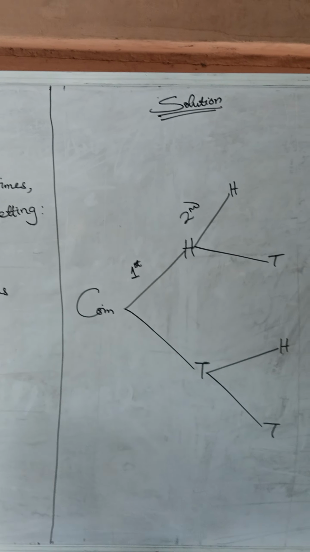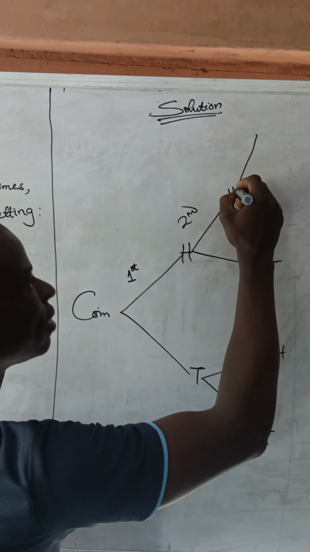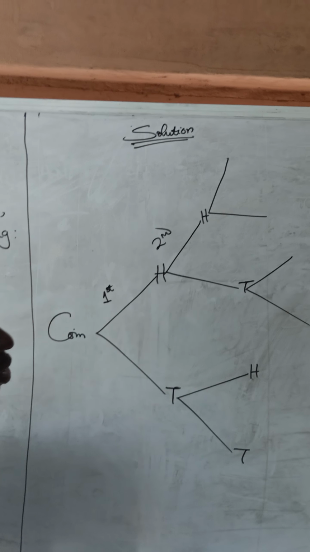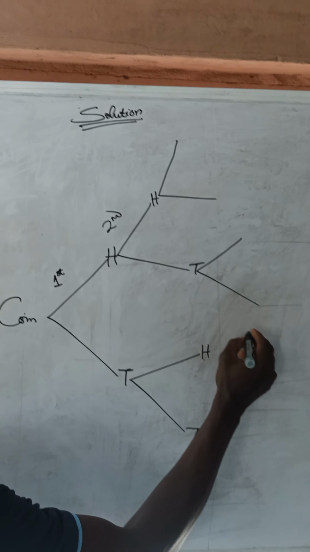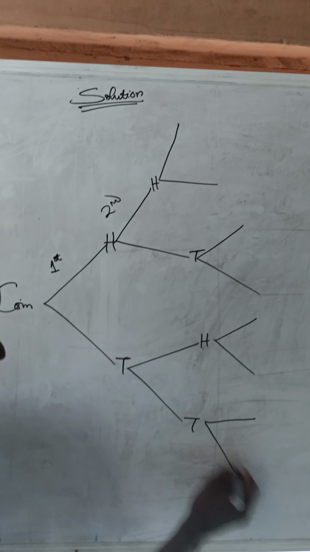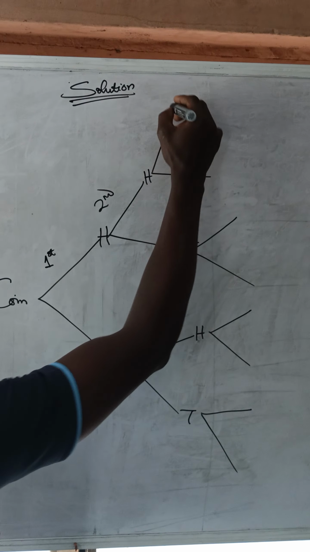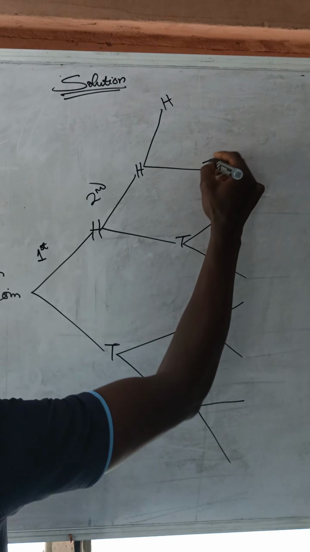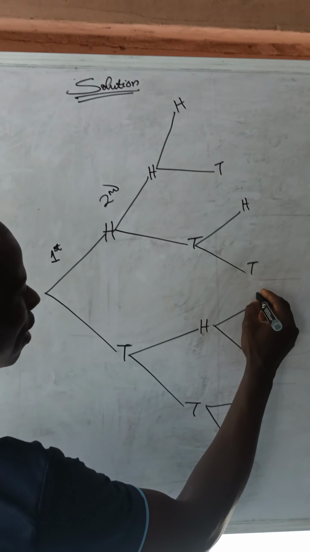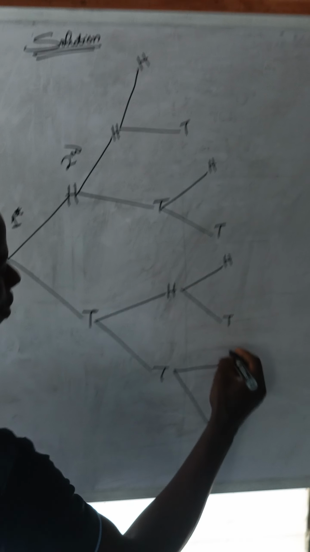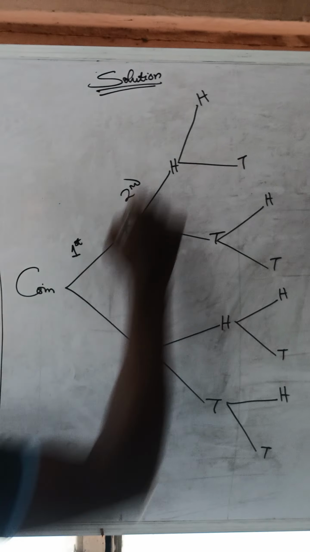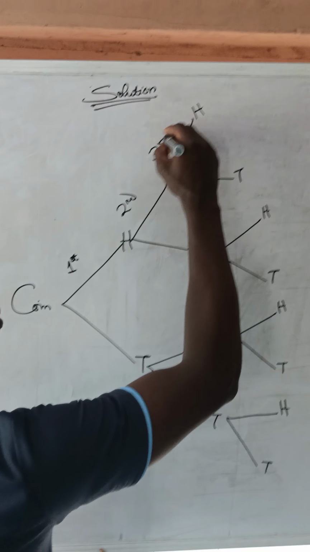For the third throw, you go to the head and draw a diagram, to the tail you draw a diagram there, and you come here also and here also. So under these you have head, tail, head, tail, head, tail, head, and tail. So this is the third throw.